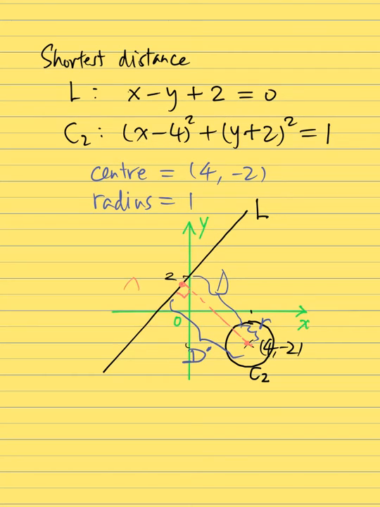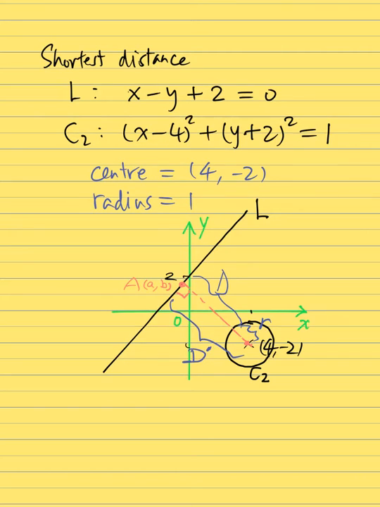Okay, let's call this foot of perpendicular A, using capital letter A to denote it. d prime actually is the distance between the point A and the point (4, negative 2). So if we can find A, we can find d prime.